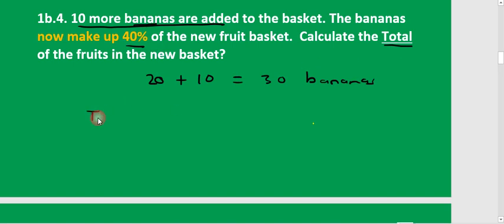And of course, the total we can get this way. We take the 30 bananas, and because we are working our way back to the total, we have to calculate the inverse. So then we would divide that by 40%. Remember, it's 40 over 100, to see how many fruits we have in this basket.